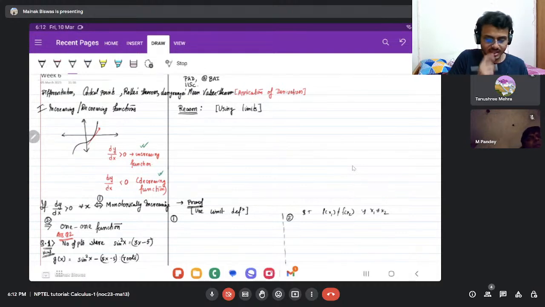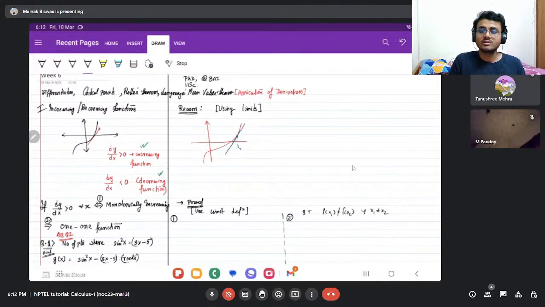First of all, let's see a diagram. For example, at a point x0, if I draw a tangent, the slope of the tangent is the derivative at that point, right? We had seen yesterday that the slope of the tangent is the derivative.